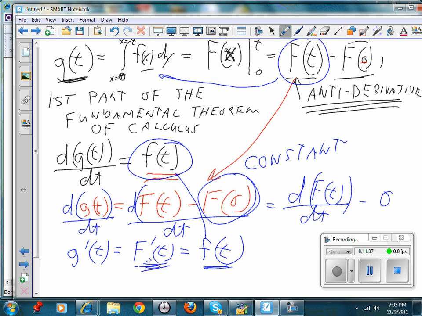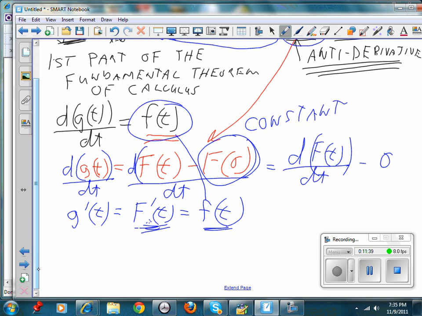Okay, let me give you a little picture of that. That is the first part of the fundamental theorem. Maybe here's my little picture. I don't know if this helps at all. I can take a function f of x, and I can shove it through an integral operator. Okay, I can integrate it left to right.